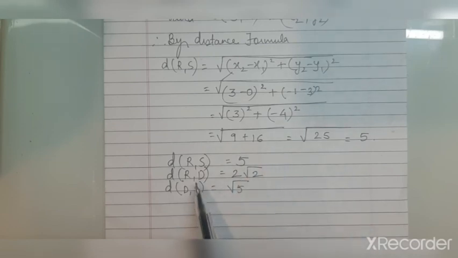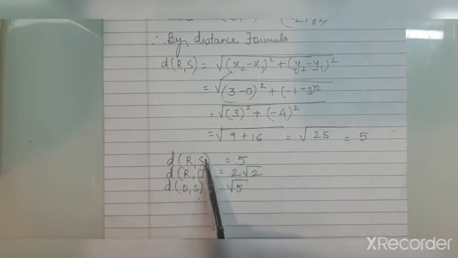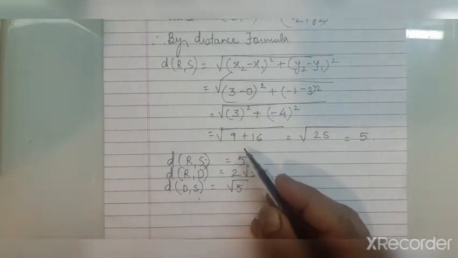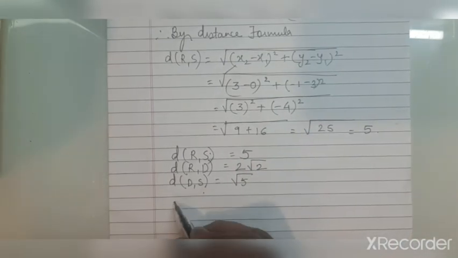Can we add DS and RS, which will give us RD? Usually when two small numbers we add, we get the greater number.